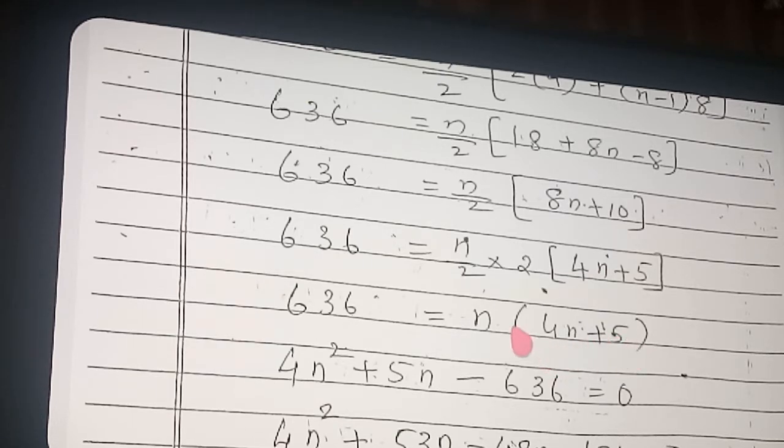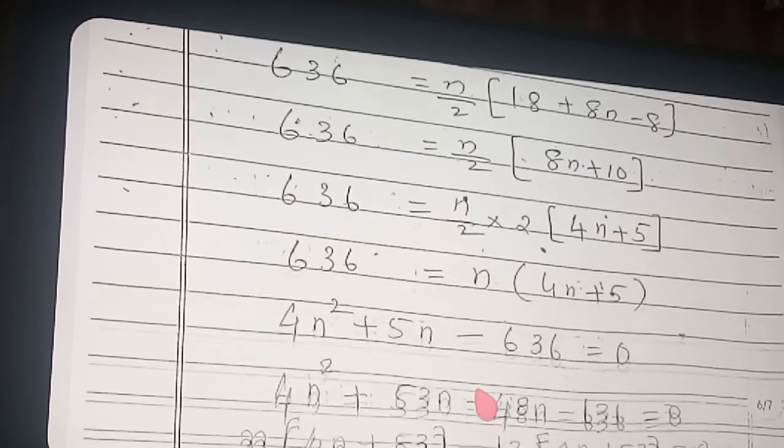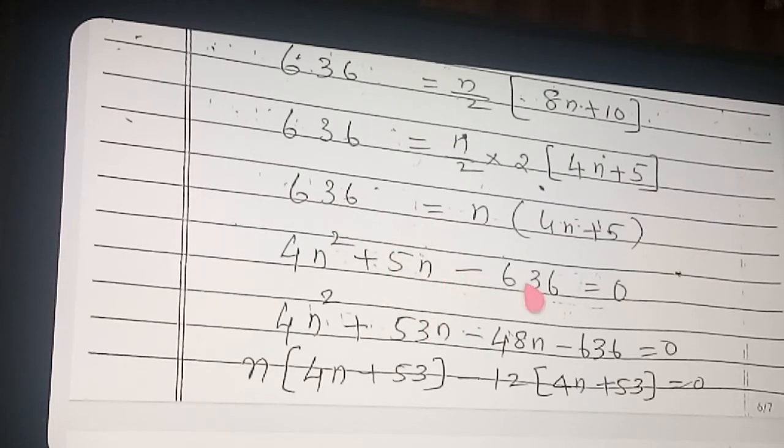Now we will multiply here. 4n into n, 4n square, 5 into n, 5n. This 636 we are taking to this side, that is why here minus 636 equals 0. Is it clear? Now what did you get? You got a quadratic equation.